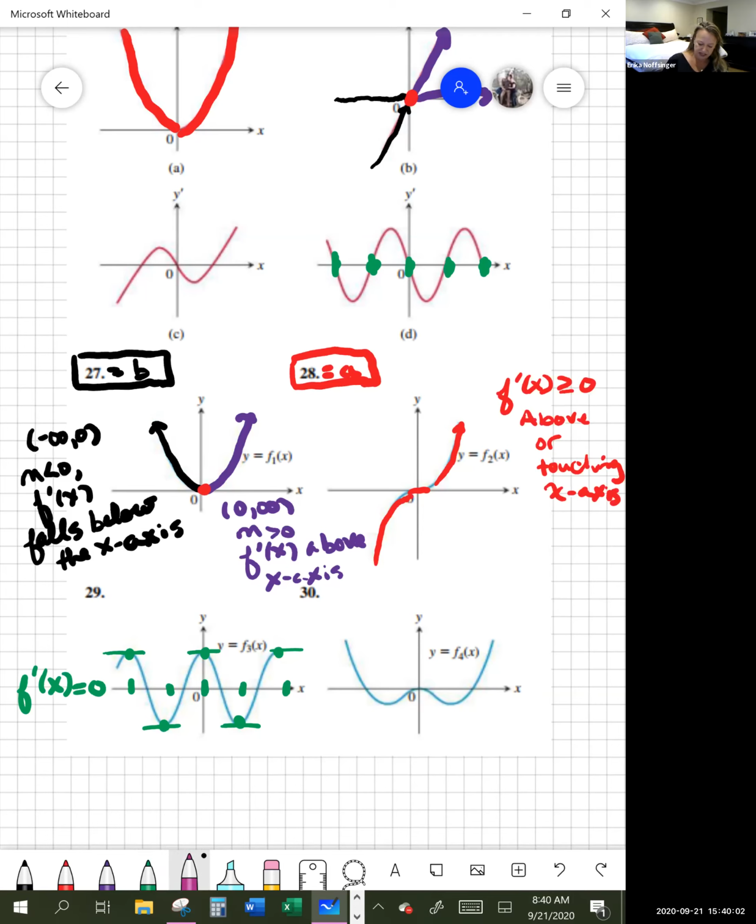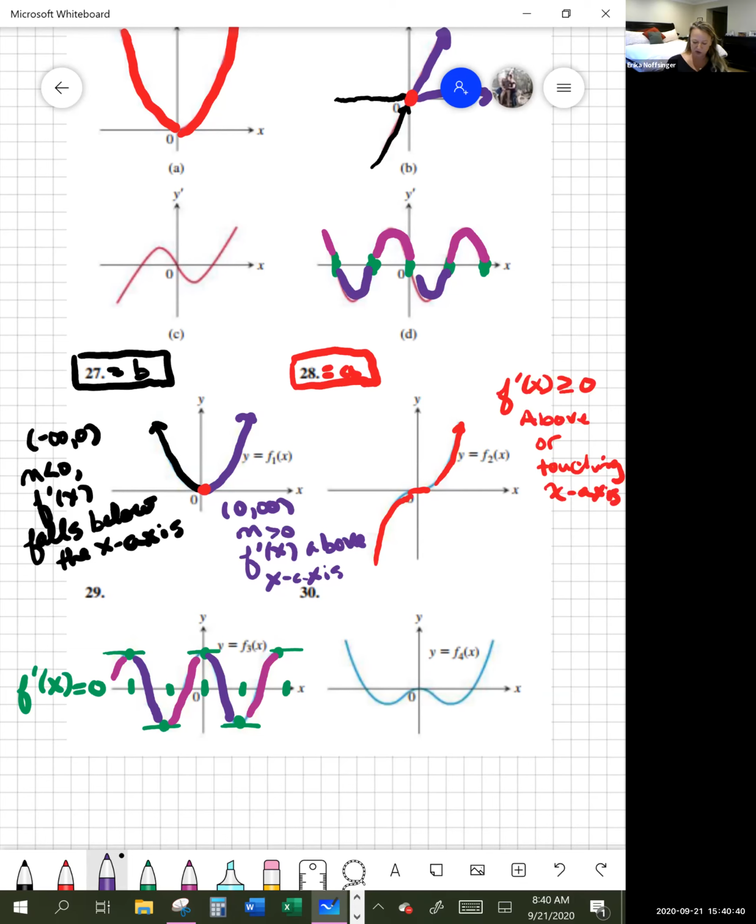And so here on the left of our first one, notice it was increasing, so this was above the x-axis. Anything that was increasing was above the x-axis. And everything where it was decreasing, these were values where it had to be below the x-axis.